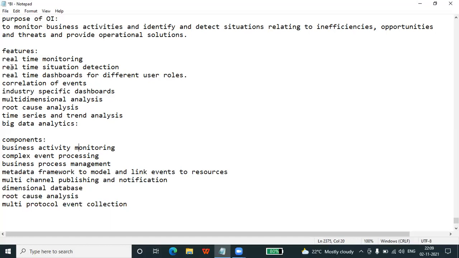So the business activity monitoring means dashboard customization and personalization. Then complex event processing means advanced continuous analysis of real-time information and historical data. Business process management performs model-driven execution of policies and processes defined as business process model and notation models.